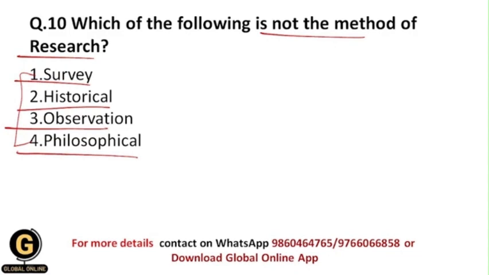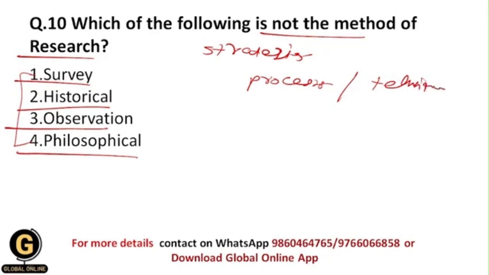So research method basically comprises strategies, processes or techniques that are utilized to collect data or evidence so as to reveal new information or create a better understanding of a topic. Okay, and that's why whenever we see this concept of method of research, you will understand that survey is a method of research, historical is again a method of research, observation is again a method of research, but philosophical is not a method of research.